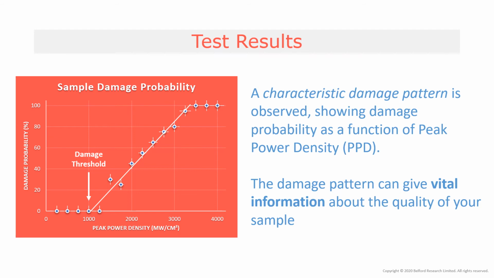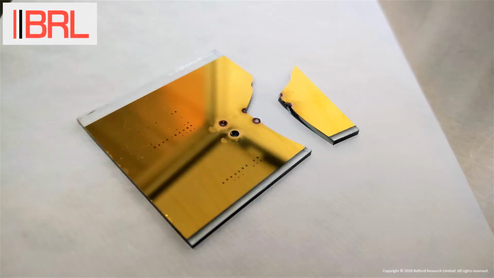Now we will look at CW damage. In general, damaged test sites cannot be seen with the naked eye. But here we have used a material which exhibits clearly the damaged sites. The larger sites are due to ablation, which can always be seen with the naked eye.